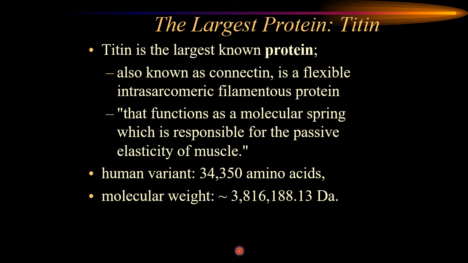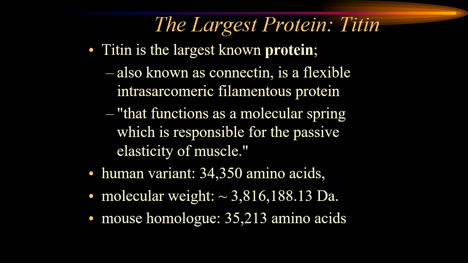In other words, if you have 1 mole of titin, it will weigh 3.8 million something grams. Amazing, right? The mouse homolog is actually even larger, made up of 35,213 amino acids. So a molar mass of almost 4 million, 4 million grams per mole. Wow. Can you imagine?